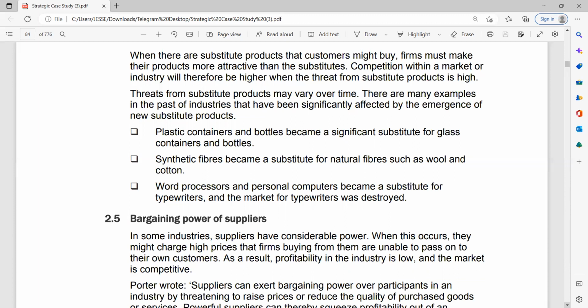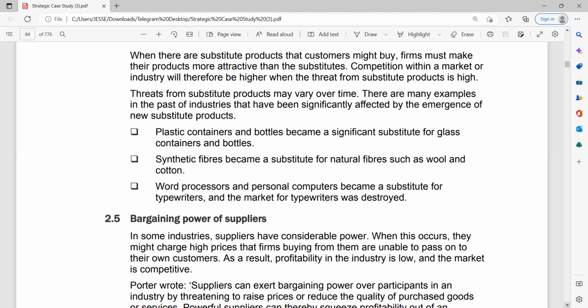Competition within a market or industry will therefore be higher when the threat from substitute products is high. If it's easy to switch from your current product to an alternative product, then competition would increase. Threats from substitute products may vary over time.